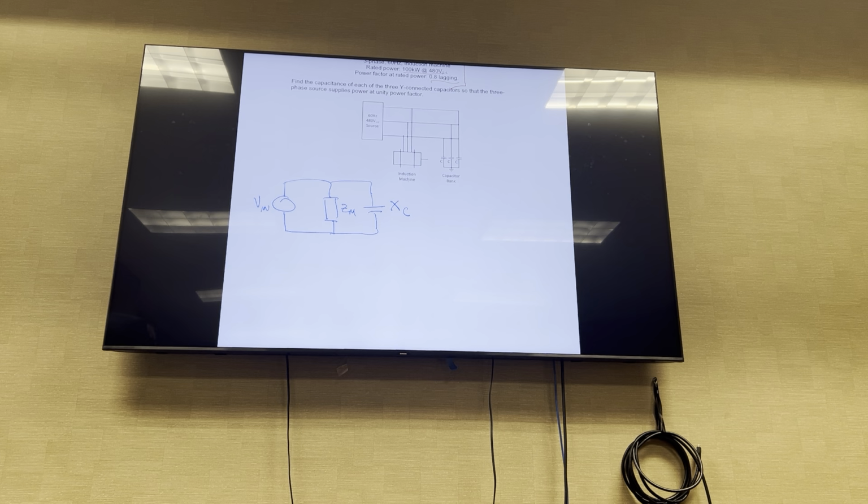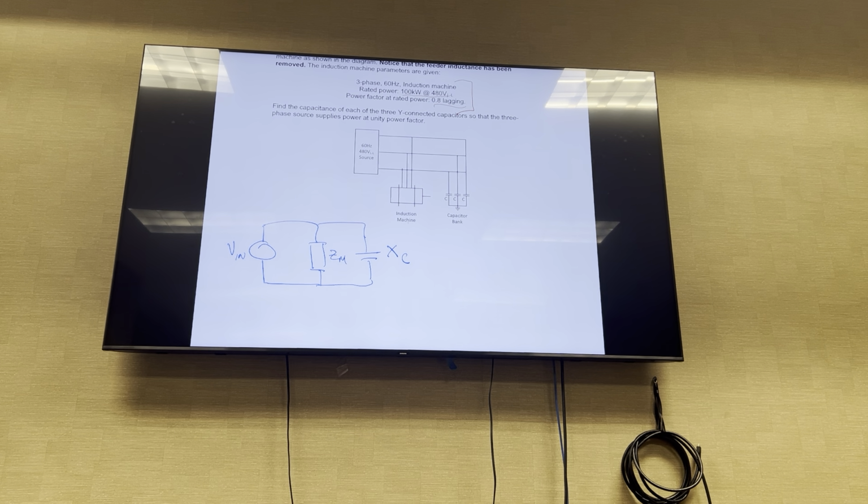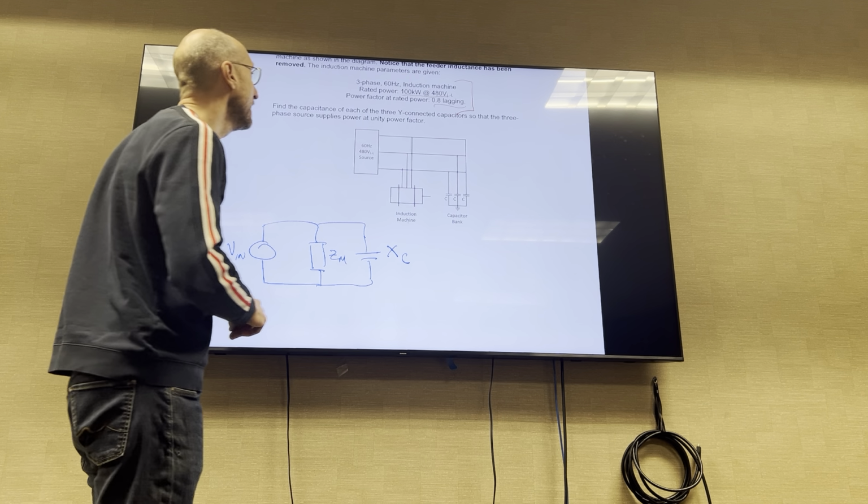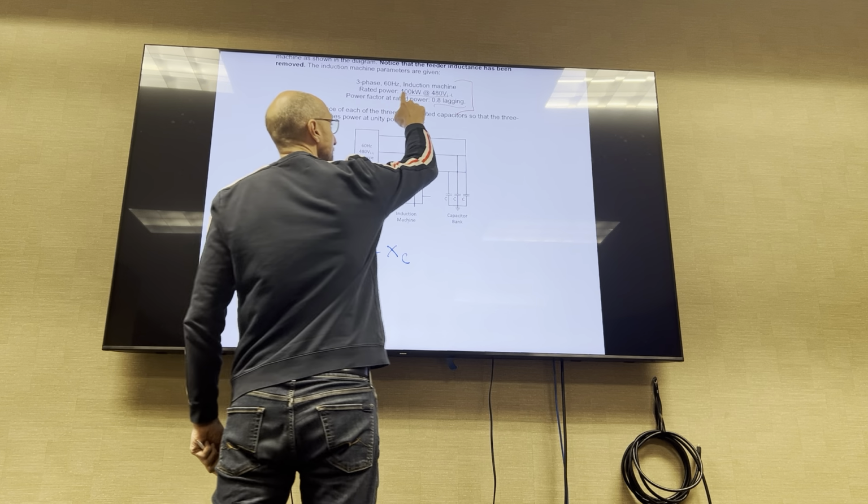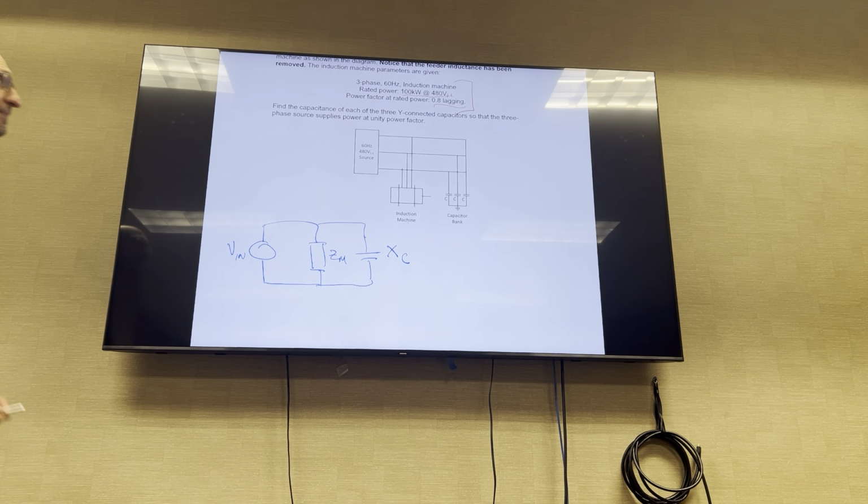and I am trying to play around with the capacitance to find unity power factor. So probably the best approach is to look at power in this problem, right? Because we have quite a bit of information given in the power domain here.